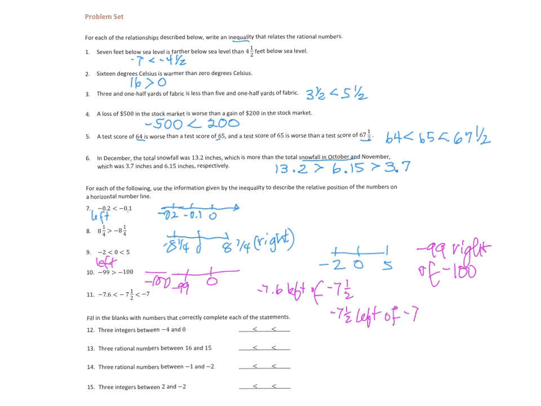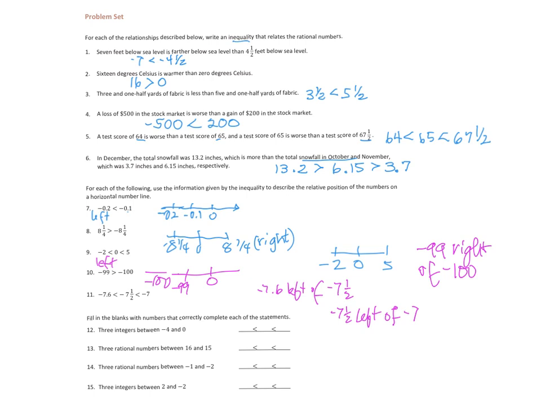And I also could say negative 7 is to the right of negative 7.5, and negative 7.5 is to the right of negative 7 and 6/10. So to me, this is a little confusing. You know what? I would rather just draw it out.